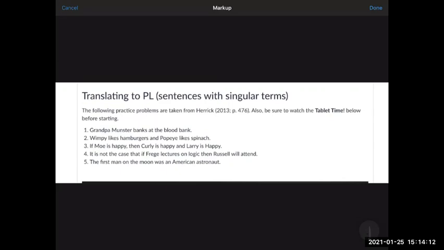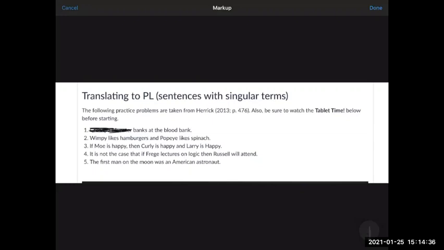Notice that banks at the blood bank is the predicate. You can basically eliminate the subject, Grandpa Munster, which is a person. Let's pretend to eliminate it and have a blank there instead, and you can fill it with a whole bunch of other stuff.